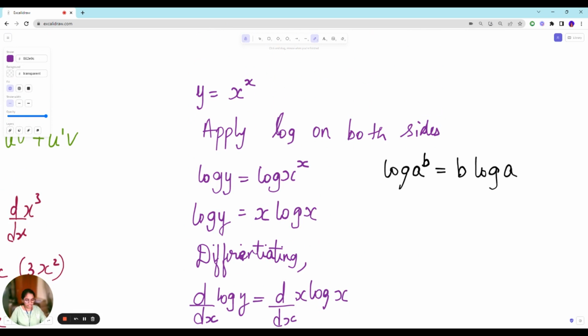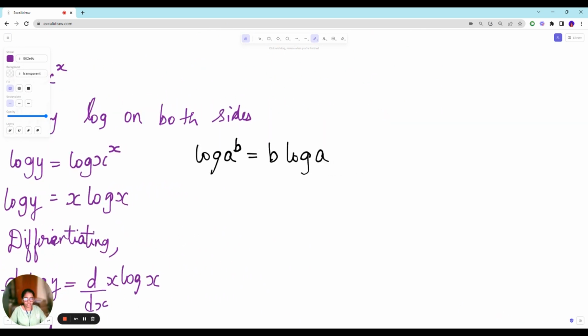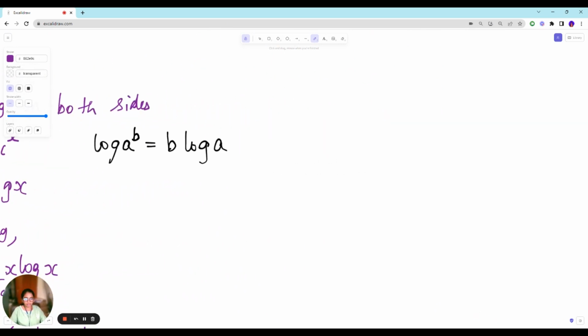Now, moving on, let me solve one more problem. Say you have y is equal to x to the power sine x. What should I do now? Clearly I'll apply log on both the sides.